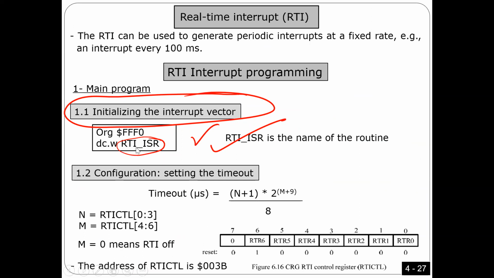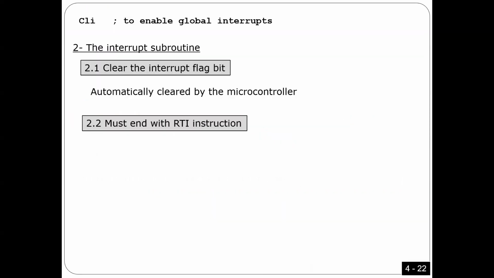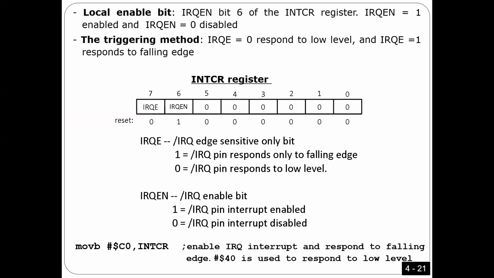This is number one. Number two, for any interrupt source, there is a bit for enable or disable. You have to tell me where this bit is. For IRQ, this bit was in this register, one for enable, zero for disable.